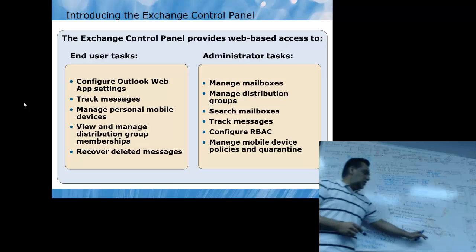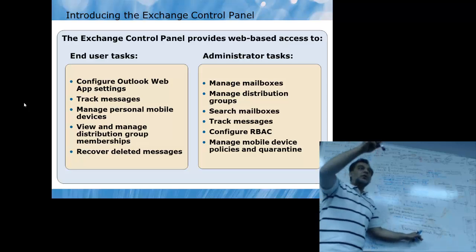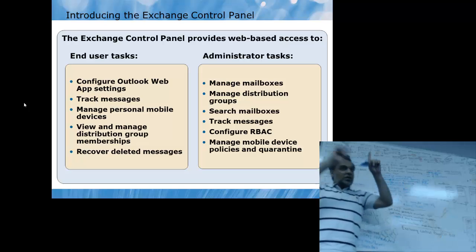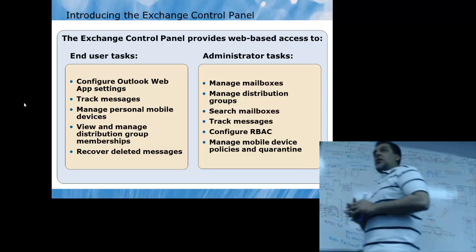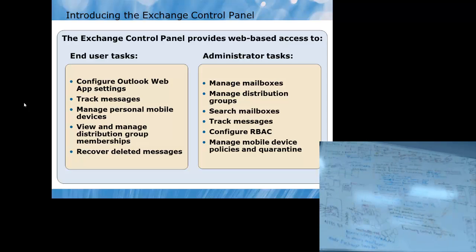ECP is the Exchange Control Panel that is available inside EMC. Within EMC you would open it, or if you remember the URL, you can open it. ECP is actually an easier way to access Exchange and an easier way to manage Exchange objects. ECP is almost like Active Directory Administrative Center.